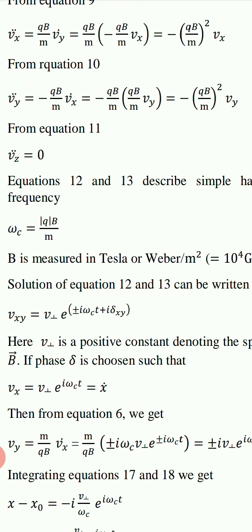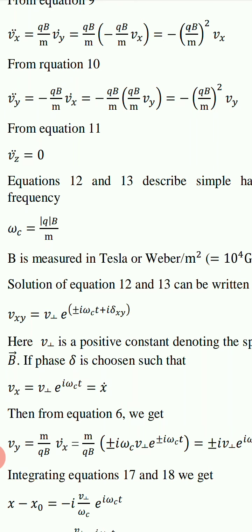This term, q b upon m whole square, is the same in both equations. The first equation is for vx and vx double dot, and the second equation is for vy and vy double dot. We write this term as omega c square. So we write omega c as q b upon m, and we take the modulus of q. Modulus of q means we take only the magnitude of the charge, not the sign.